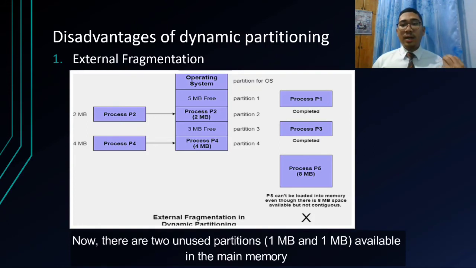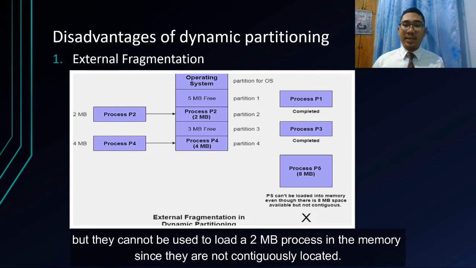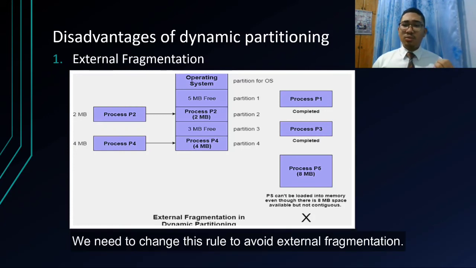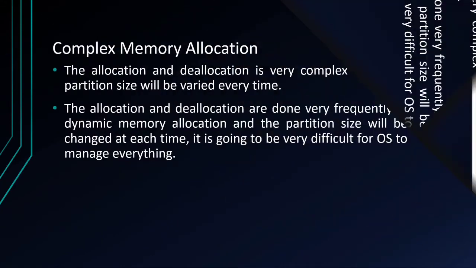Now, there are two unused partitions, 1 megabyte and 1 megabyte, available in the main memory, but they cannot be used to load a 2 megabyte process since they are not contiguously located. The rule says that the process must be contiguously present in the main memory to get executed. We need to change this rule to avoid external fragmentation.